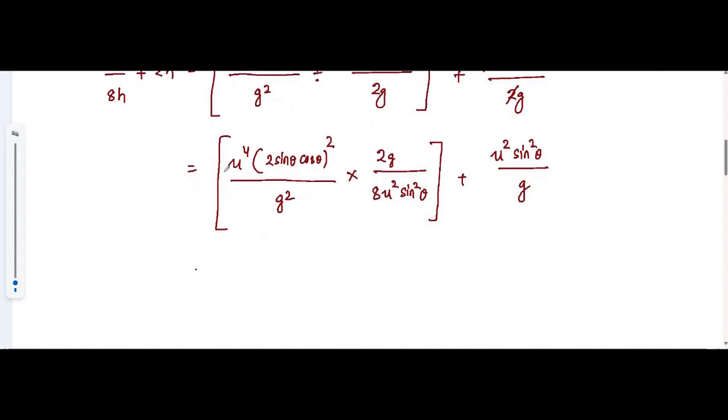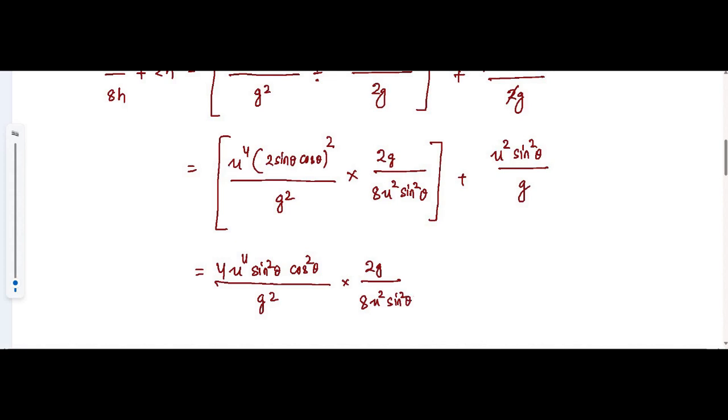So here it is equal to u to the power 4, 2 square is equal to 4, here 4 u to the power 4 sine square theta cos square theta by g square into 2g by 8 u square sine square theta.